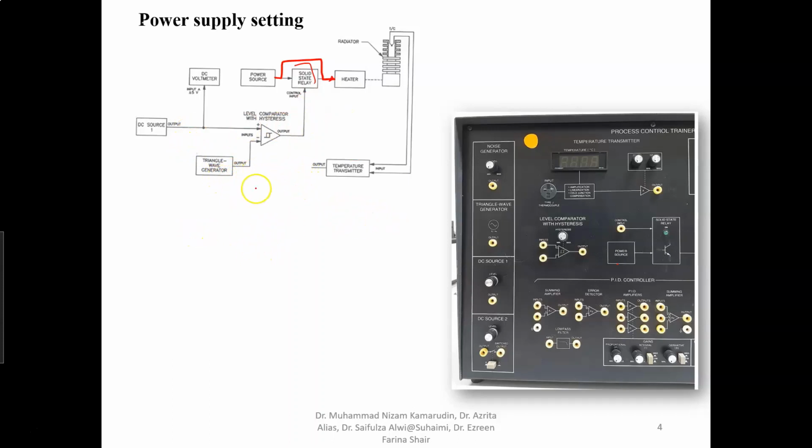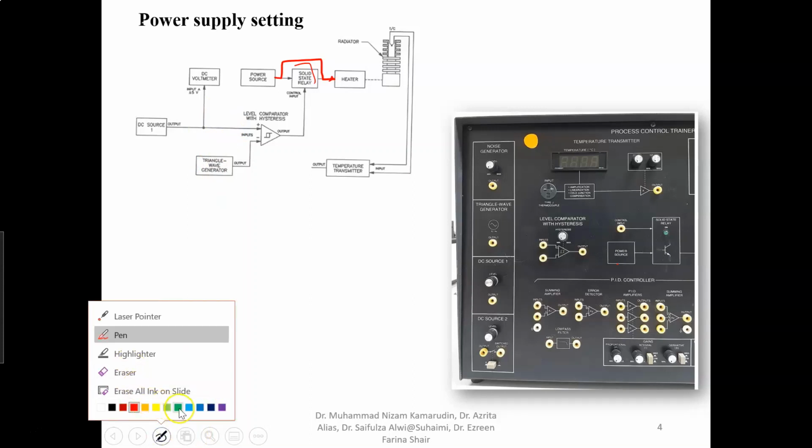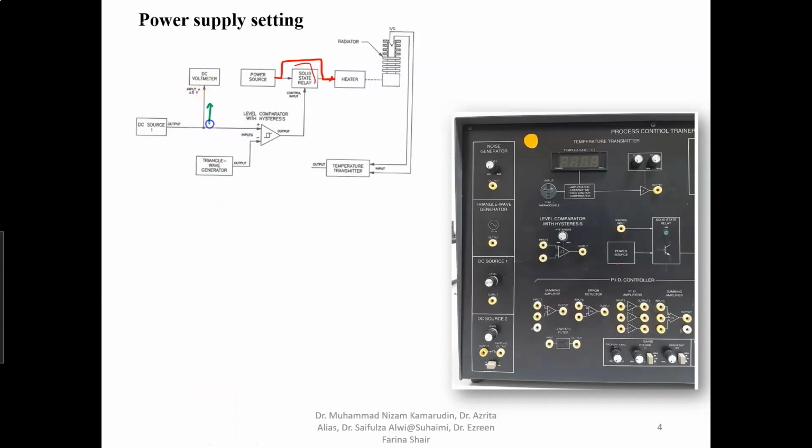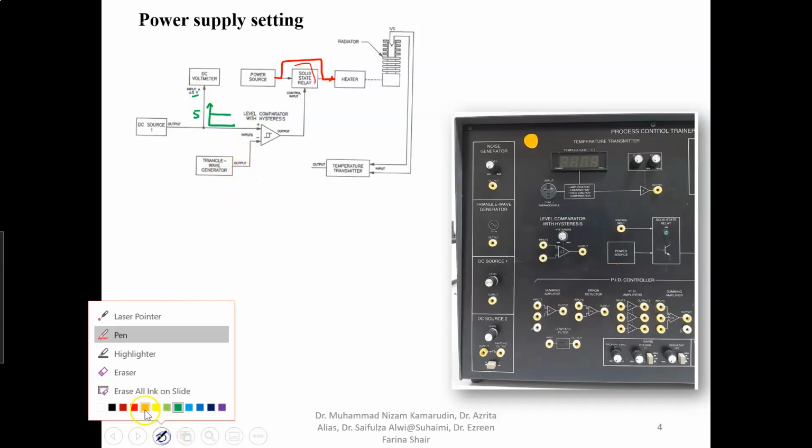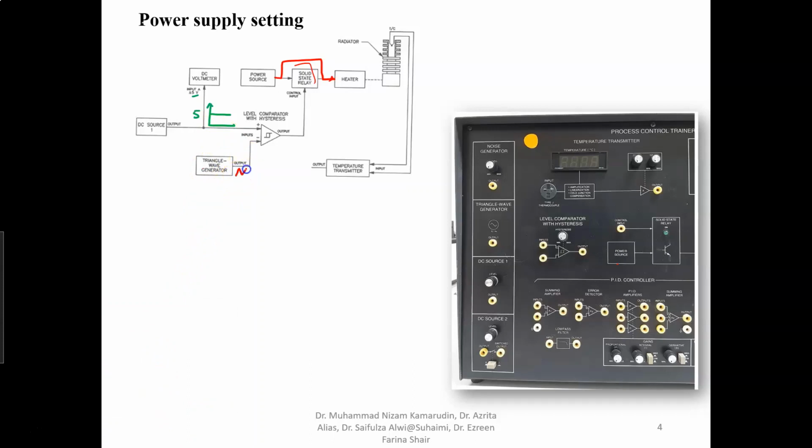If I draw the diagram, we have here a DC volt supply, and I can draw here the supply. So the supply is 5 volt according to the lab sheet. We have a 5 volt supply, and this is the triangle wave generator where the signal is in this pattern, and what will be the output of the level comparator?